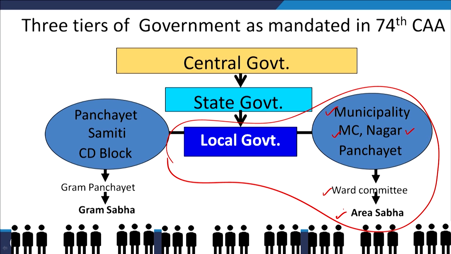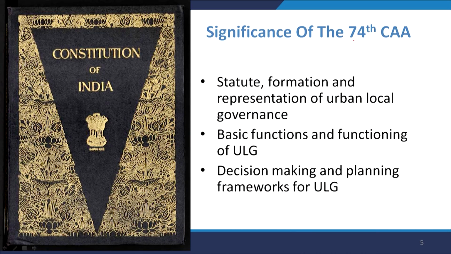Last day we ended the discussion with the 74th Constitutional Amendment Act, which came in 1992 and was the landmark constitutional amendment giving the statute, formation and representation of the urban local government.